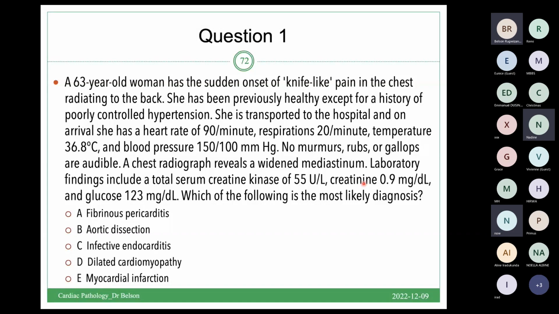So there is no diabetes. The other thing is that this is a heart problem. I have not checked if this is above the normal ranges or not. Creatinine seems fine, so the kidneys seem fine, there is no diabetes. So what is the diagnosis?